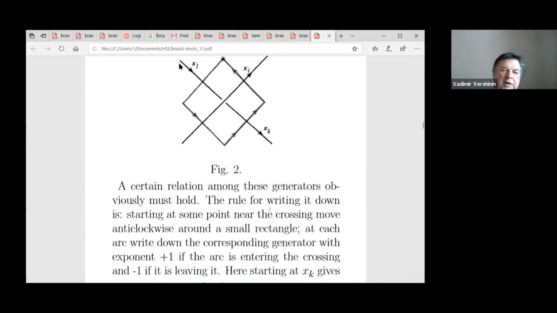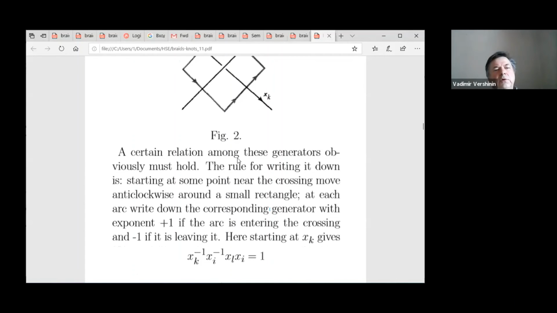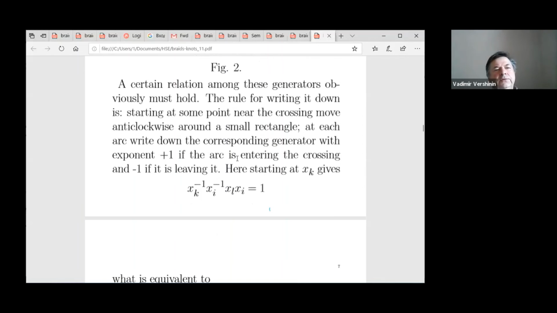And the arcs which are going under, the undercrossings, should be the crossing points, better to say. They correspond to relations. So around each crossing point, please write down the square, and write the relator in the following form.